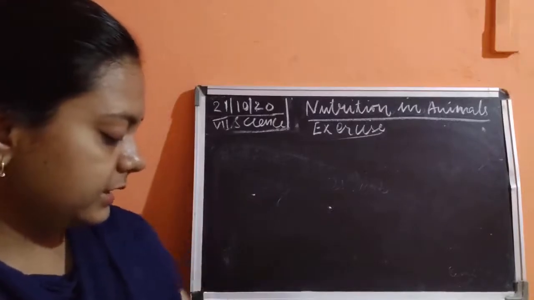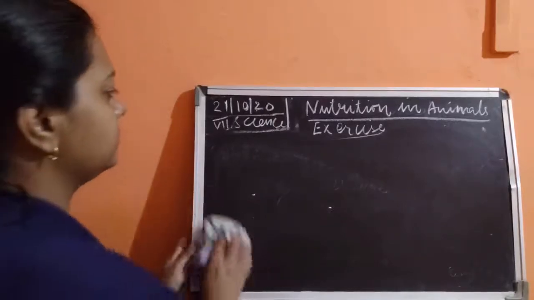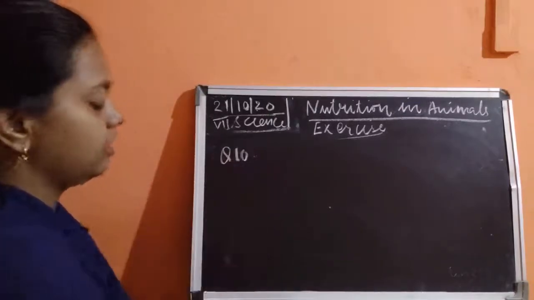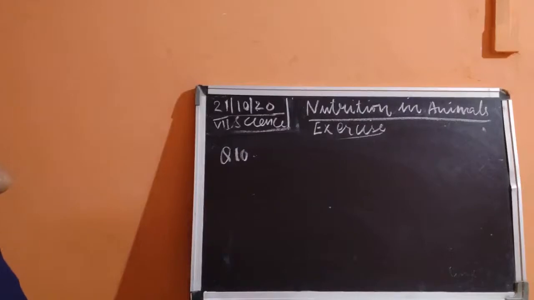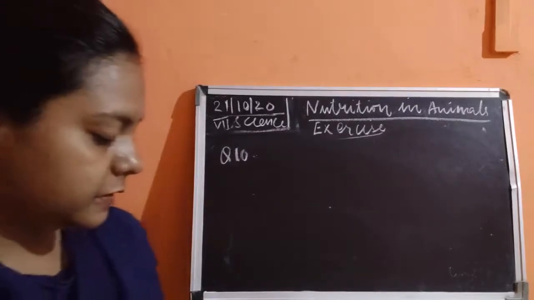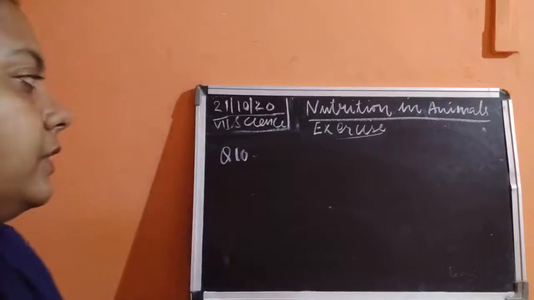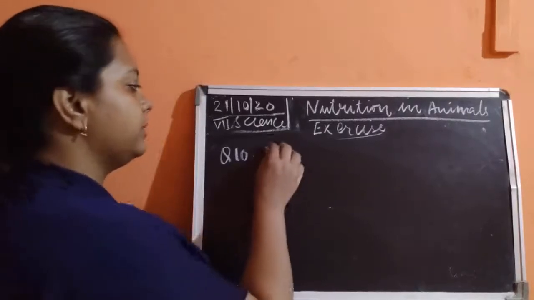So what is the next question? That is question number 10. Question 10 is: name one similarity and one difference between the nutrition in amoeba and in human beings.